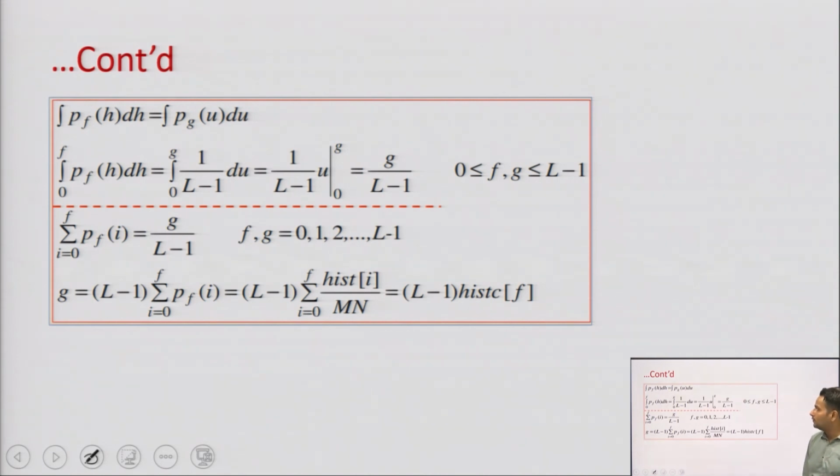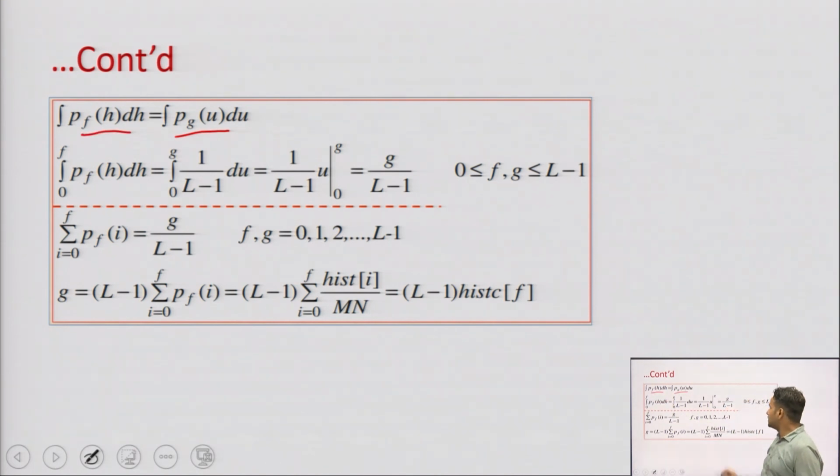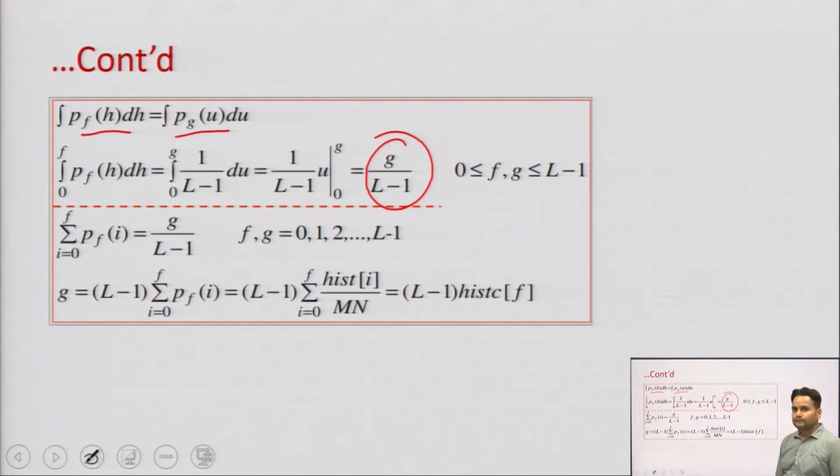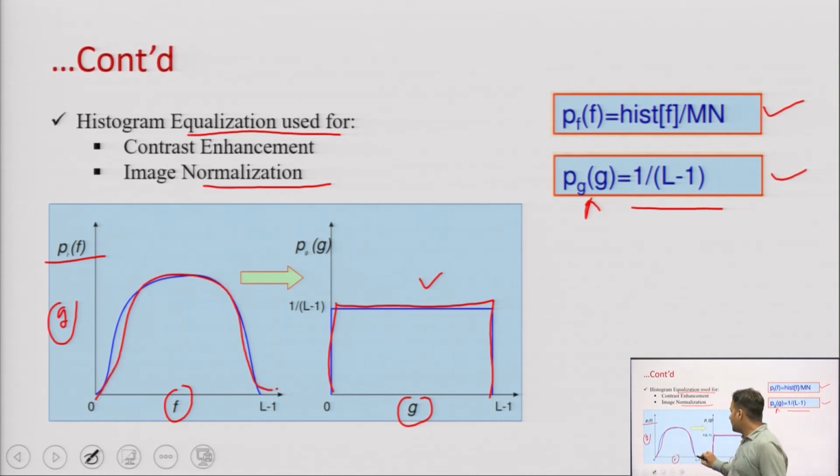Now, if we talk about the value of p of f and p of g of u, you may observe that the value comes like g upon L minus 1. So, it is a curved nature and it will become a rectangular nature. Why is it so?